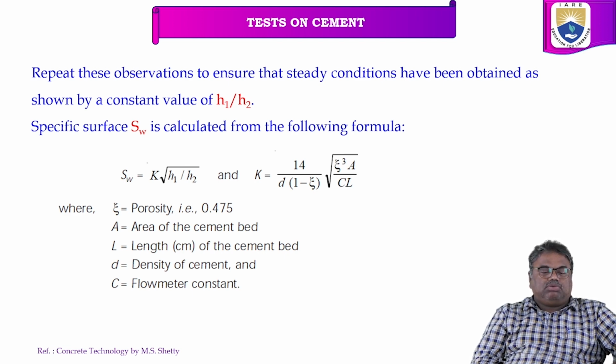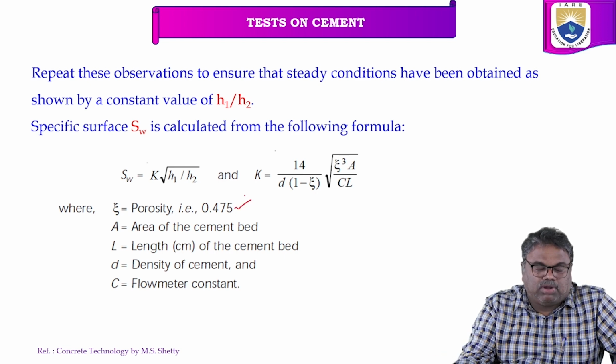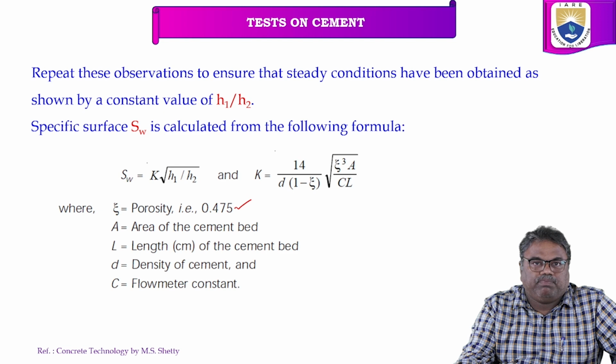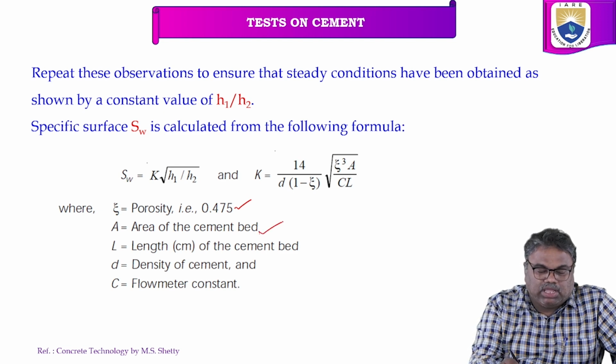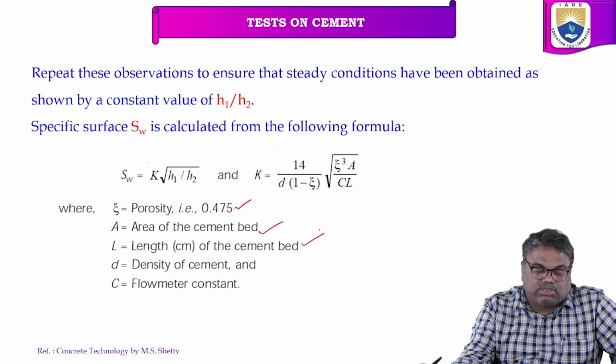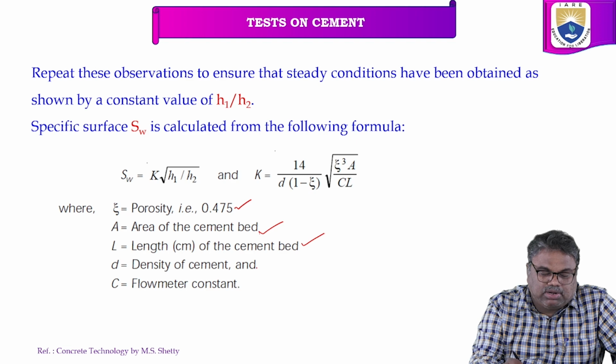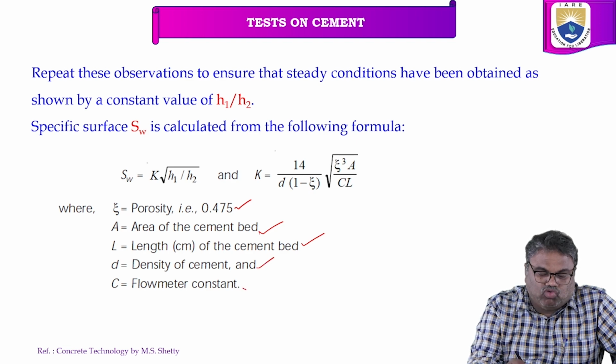SW equals K into root H1 by H2, and the K value is 14 by d into (1 minus epsilon) under root epsilon cube A by CL. Here epsilon is porosity, 0.475, and A is the area of the cement bed, L is the length of the cement bed, D is the density of the cement, and C is the flow meter constant.